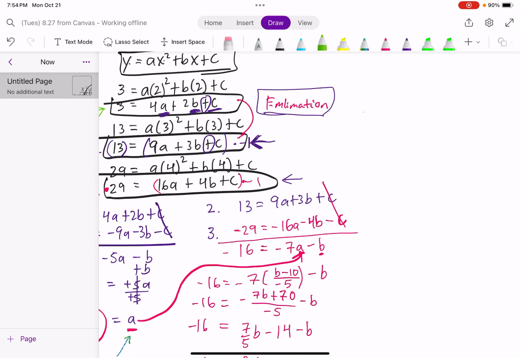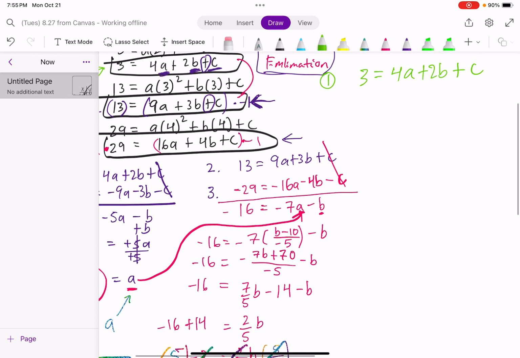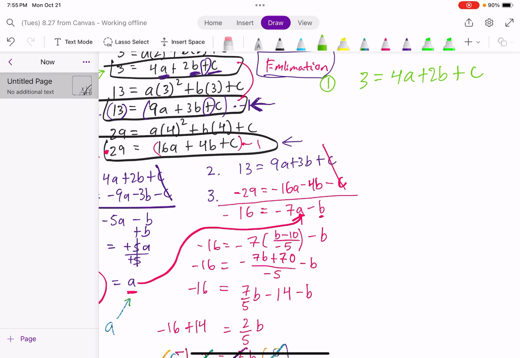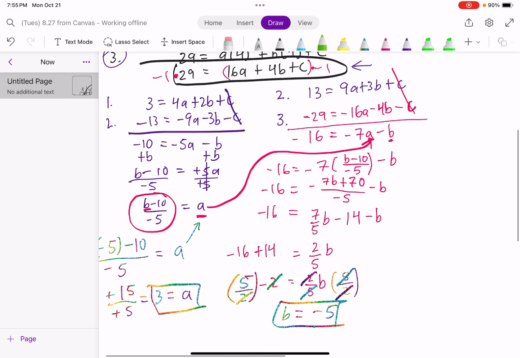I'm going to have 3 is, for equation 1, 4a plus 2b plus c. And we know that our b is negative 5 and our a is 3.